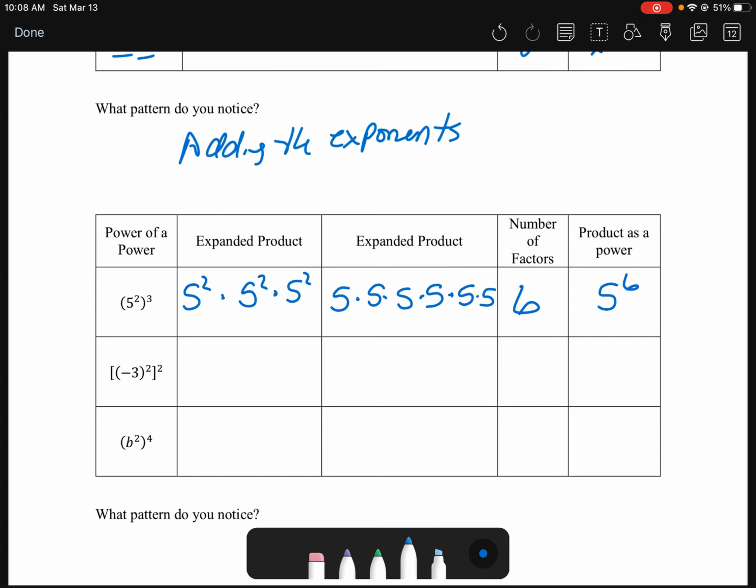Okay. So the number of factors in this -3 squared would be 4. And our new power would look like -3 to the 4th power. For this b squared raised to the 4th power, there will be 8 b's, or you can write it as b to the 8th.